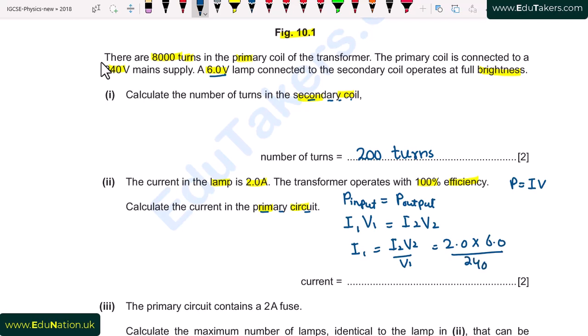So the value of current comes to be 0.05. This is the value of current passing through the primary circuit. I write here it is 0.05 ampere.